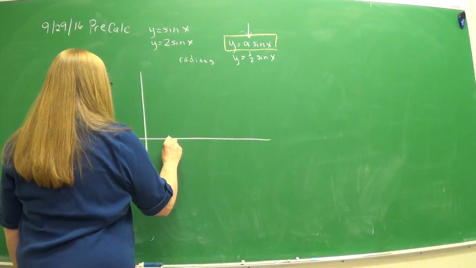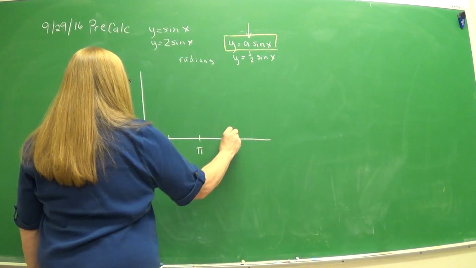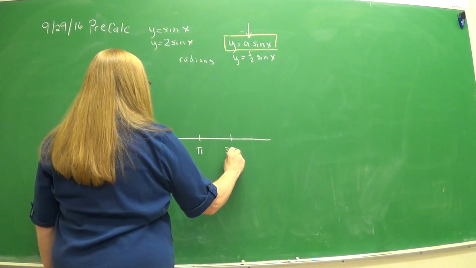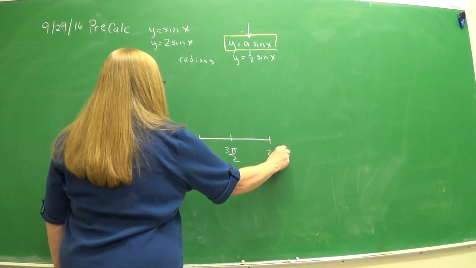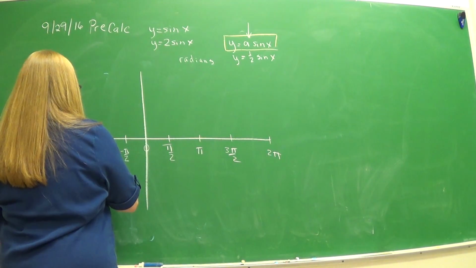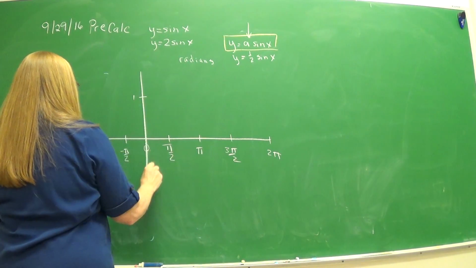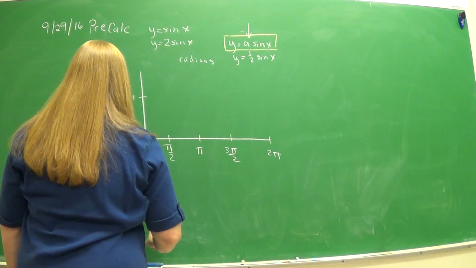I'm still going to put in 0, pi over 2. Every graph has to have these tick marks at least. And -pi over 2, -pi. The normal curve is going to go up to 1 and down to -1.